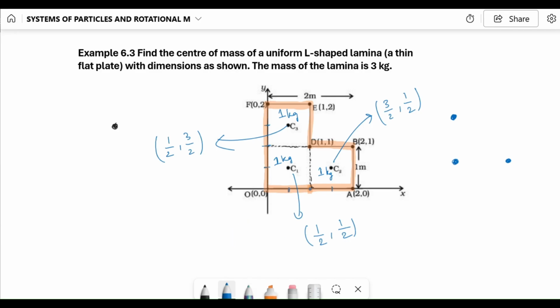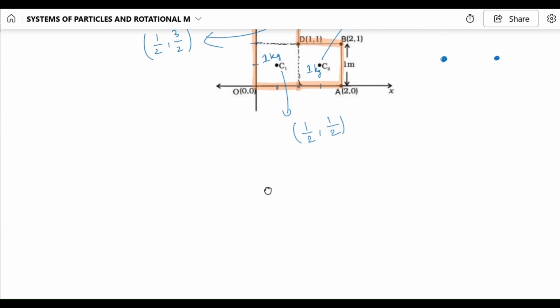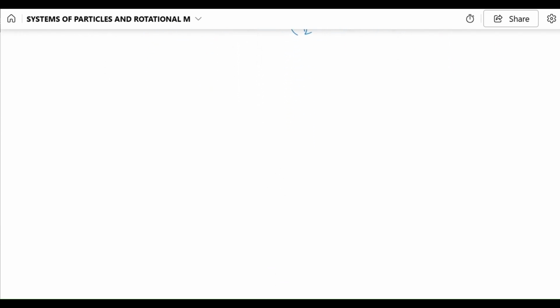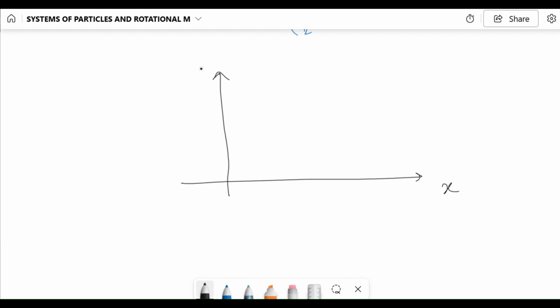So we have 3 point masses now, located as given here. This is the x-axis, this is the y-axis, and one is here, another is here, and there is one more here.